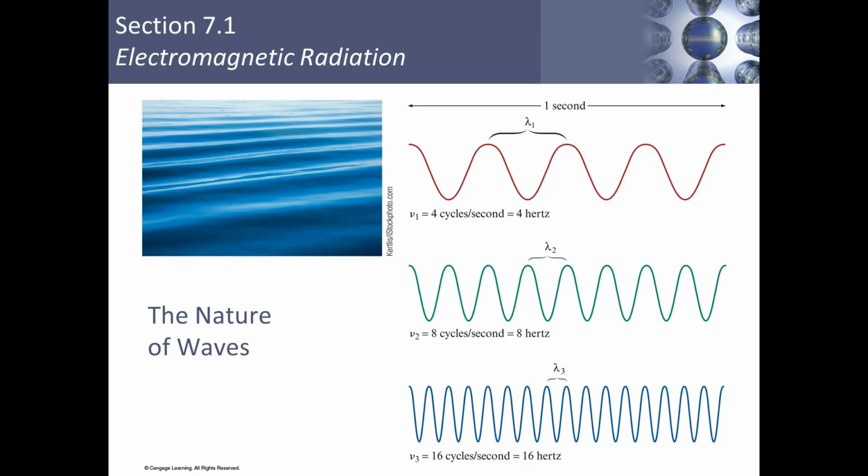For the second wave, we have 8 cycles per second, or 8 hertz, which is higher frequency for shorter wavelength. And finally, in the last wave shown, 16 cycles per second with that very short wavelength. So again, there's an inverse relationship between wavelength and frequency. The longer our wavelength, the lower our frequency. The shorter our wavelength, the higher our frequency.